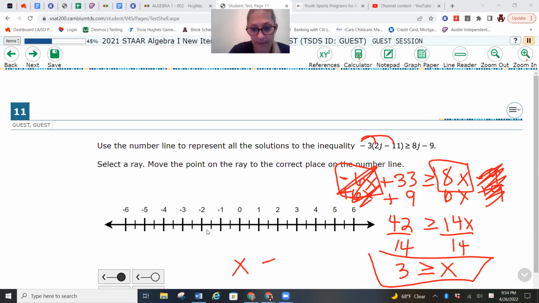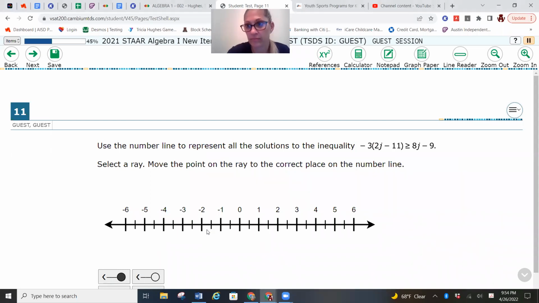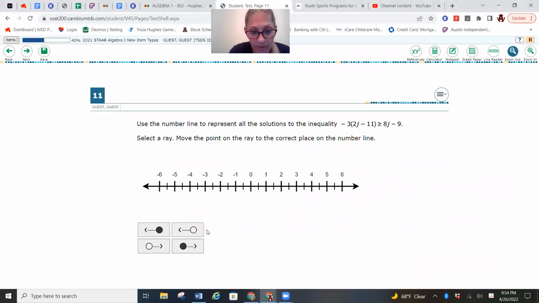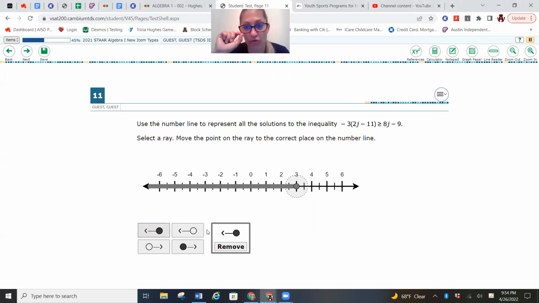I like making it point that direction and keeping the 3 on the other side. Now I remember if it's less or equal to 3, I'm going to have to clear all this. Less or equal to 3. Less or equal means this sign, and move it to 3. And that is how you graph J is less than or equal to 3.